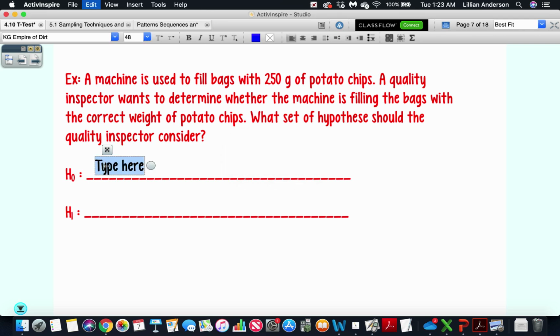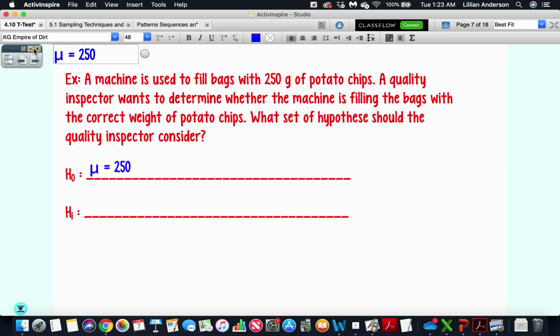Okay, hopefully you got mu equals 250, because that's always how the null hypothesis starts out. It's always mu equals whatever value they're trying to test. It's really the alternative hypothesis, determining what that's going to be, that's the harder part. So hopefully you said that mu does not equal 250.